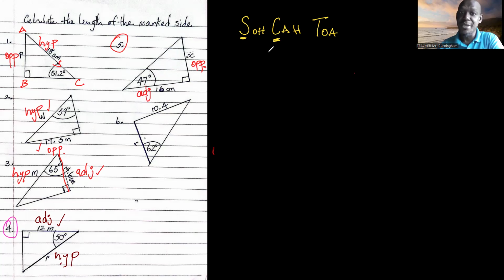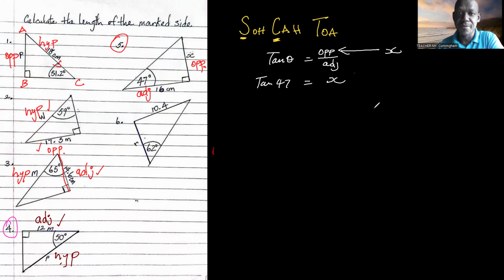So our rule has opposite and adjacent: tan. Tan theta is equal to the opposite side over the adjacent side, correct? So we're looking at tan of 47. The opposite side is x, and the adjacent side is 16, so x divided by 16.